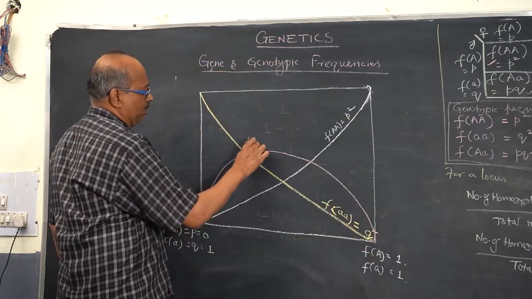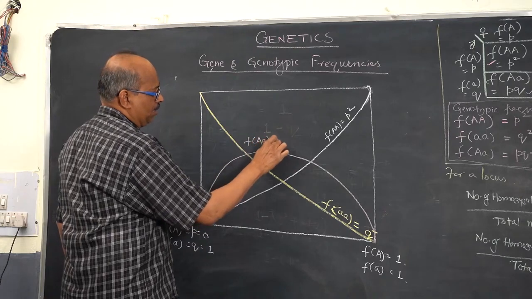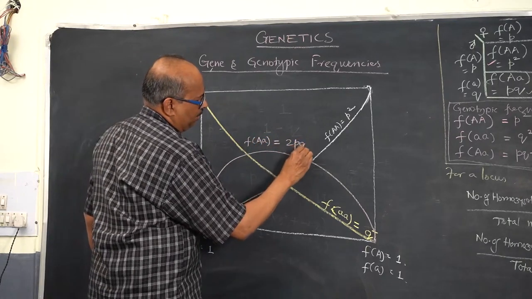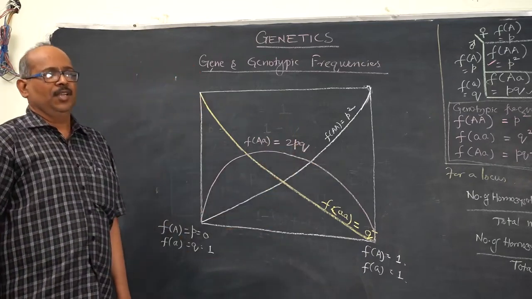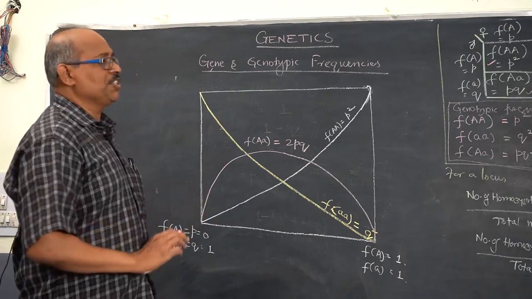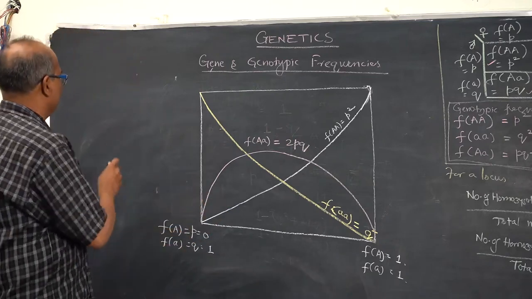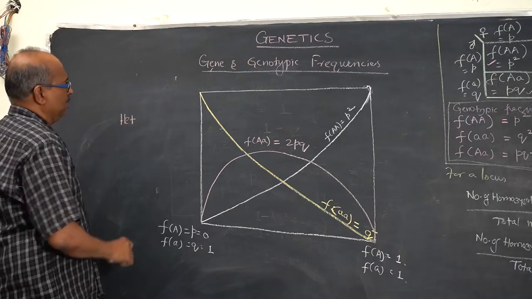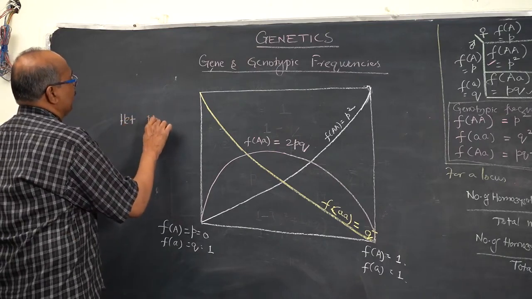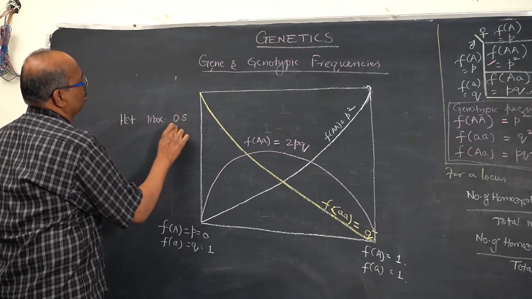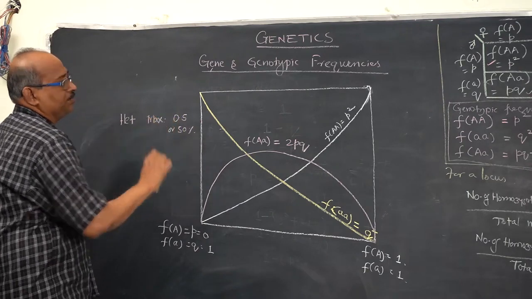So frequency of Aa equals 2pq. It's a very interesting frequency distribution because the heterozygous frequency, the maximum that we get is 0.5 or 50%.